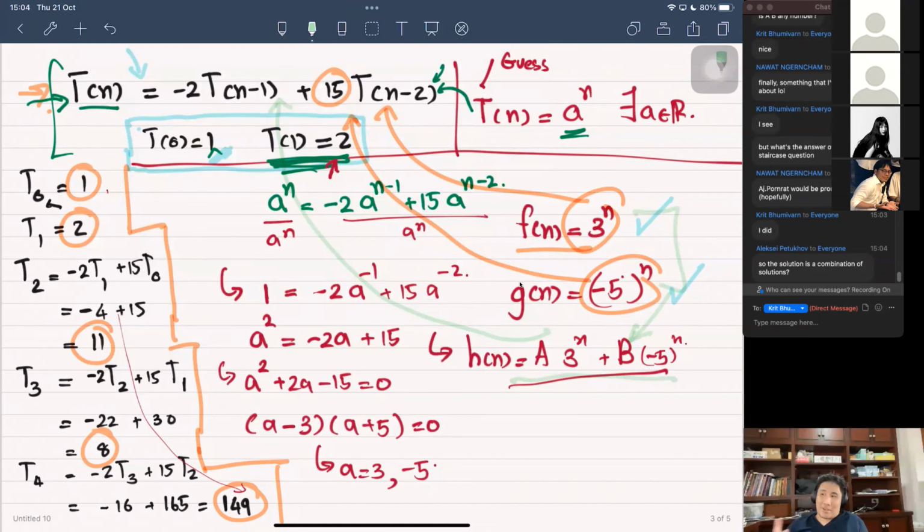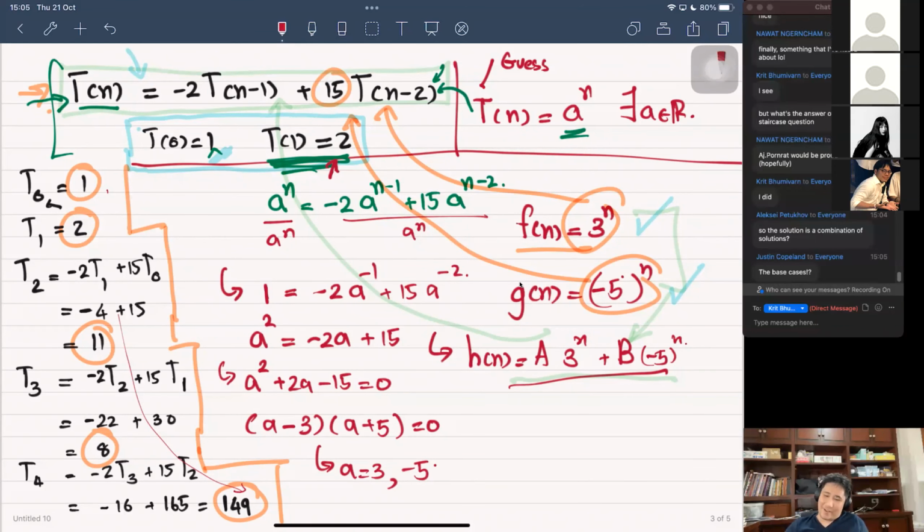So what else would you hope h of n to do? It knows that it's going to solve the top for sure.